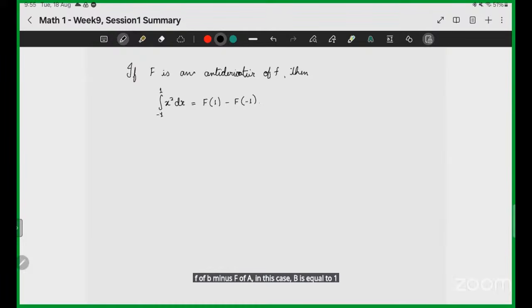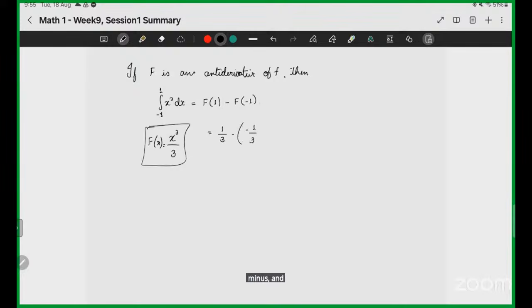And do you know an antiderivative of x squared? X cubed by 3. So at 1, x cubed by 3 is 1 by 3, minus, and this is minus 1 by 3. So this is 2 by 3.